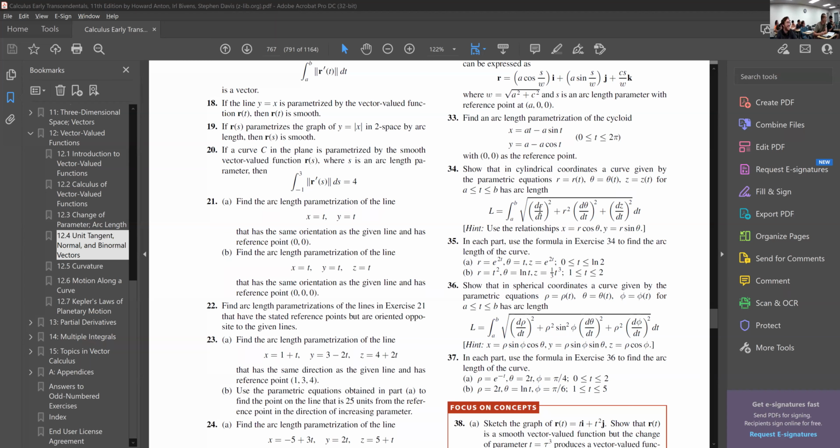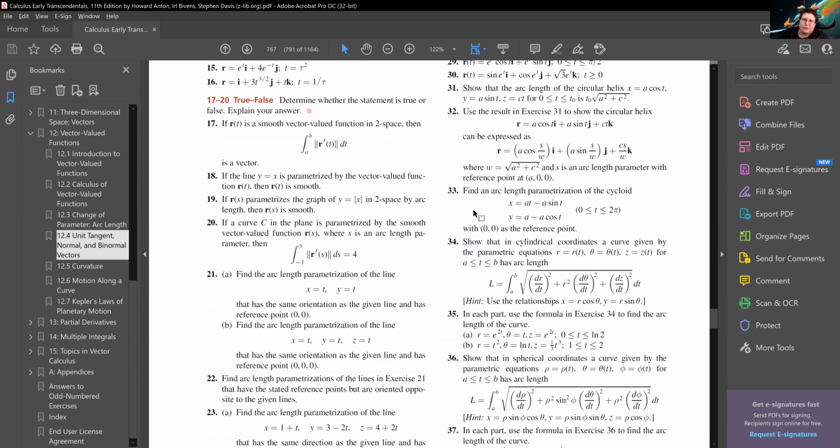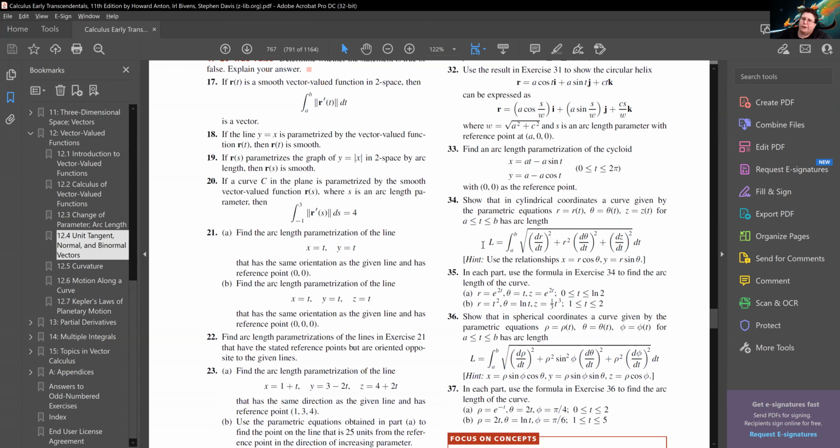So in the arc length formula and other systems, this is from our book, 12.3. Problem 34 shows you the arc length formula in cylindrical coordinates. And problem 36 shows you the arc length formula in spherical coordinates. When you go far enough down the math rabbit hole, you will learn all of this.